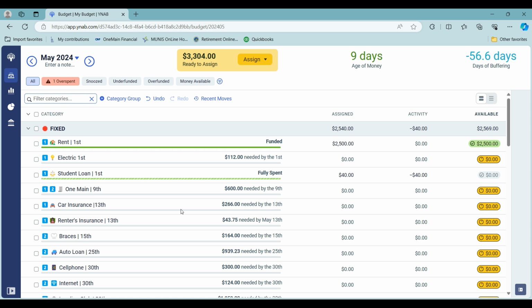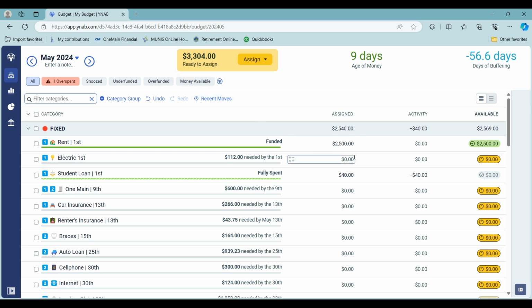So I'm not going to do that. I am going to budget this money, even though we haven't gotten paid from our 9 to 5, into the categories that are going to need it and see how far it stretches.